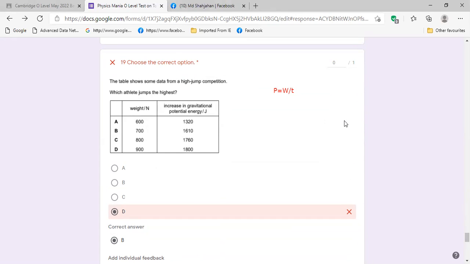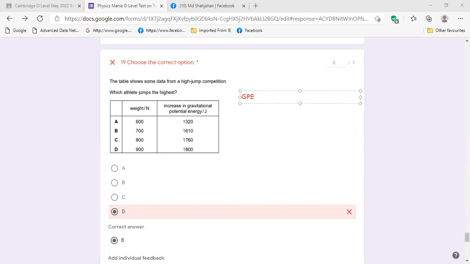Sir, I thought the more the height increases, the more the gravitational potential energy increases, and the more the weight increases. No, no, no. Weight. Just today we discussed that this is gravitational potential energy, so this is involved with GPE, right?